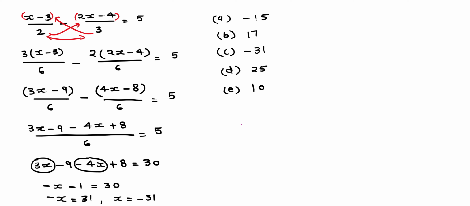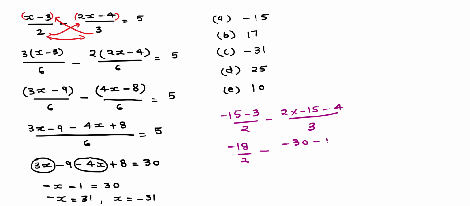So how does the substitution work? Let me substitute minus 15. It's (x minus 3) divided by 2, which means (minus 15 minus 3) divided by 2, minus (2x minus 4) divided by 3, which means (2 times minus 15, minus 4) divided by 3. Now minus 15 minus 3 is minus 18. So minus 18 divided by 2, minus, this will become minus 30 minus 4, divided by 3.